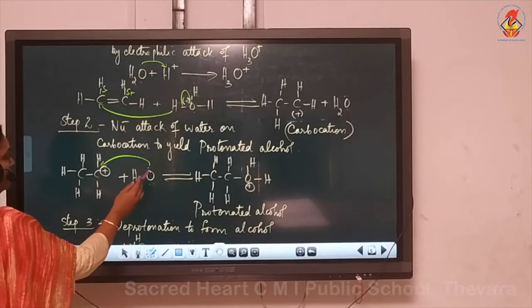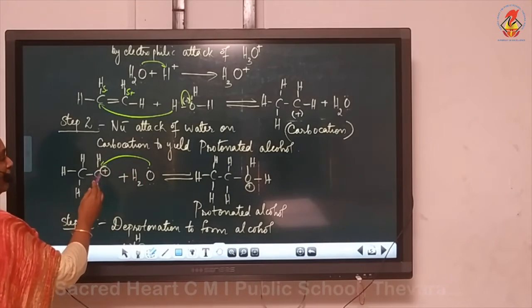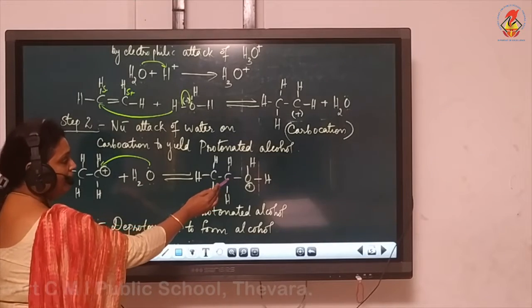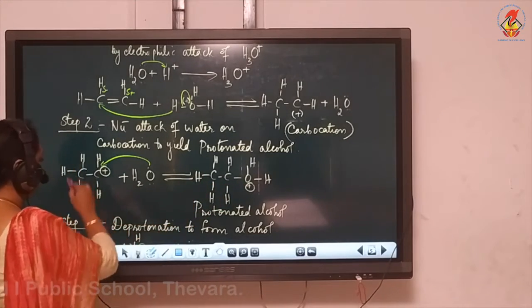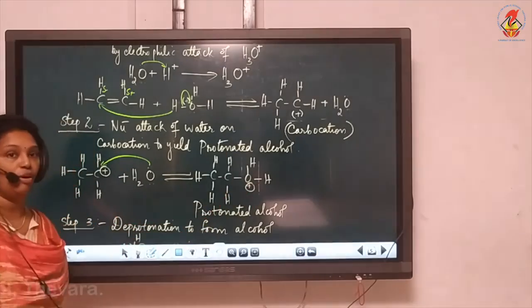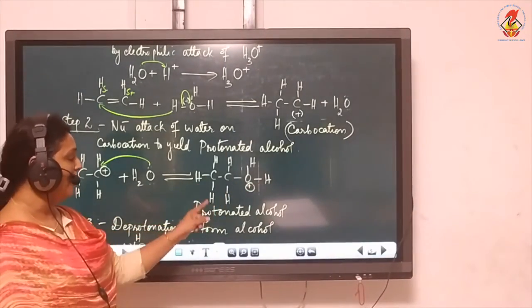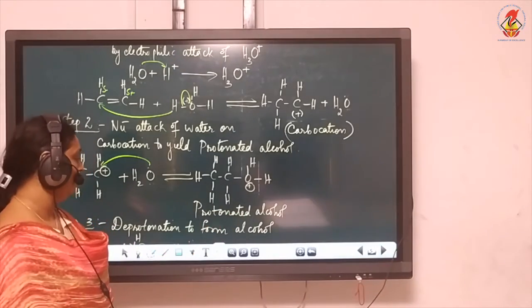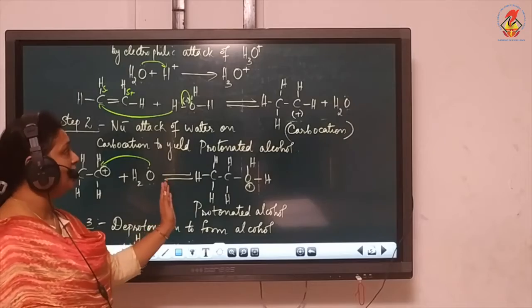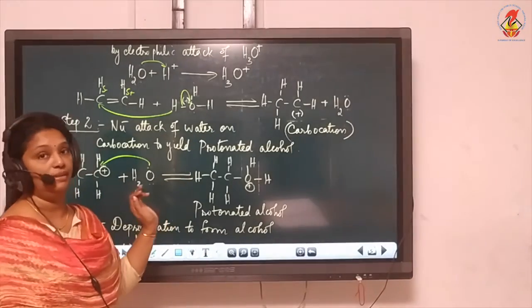You can see the lone pair is taken by carbon and a bond is formed between carbon and oxygen. This is the bond formed between carbon and oxygen. CH3, CH2, OH2 and a positive charge on oxygen, which we call protonated alcohol. And you can see the first step as well as the second step are reversible.